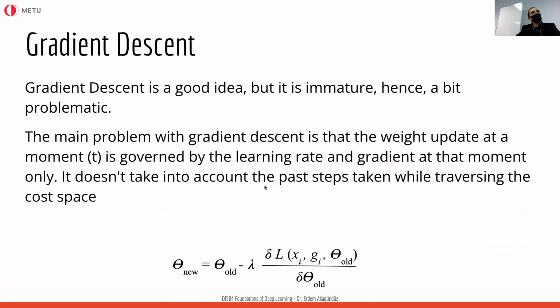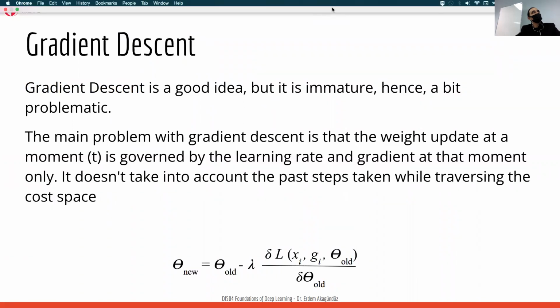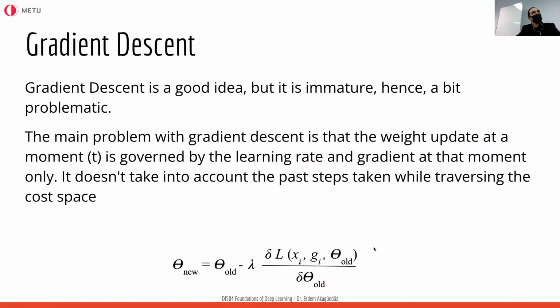So gradient descent is a good idea. I mean, the blind guy feeling the slope is a very good idea. However, there are some problems, just like the problem one of your friends asked about in previous weeks. Remember that one? What he said was, the blind guy is walking on a hill like this. So he stands here.